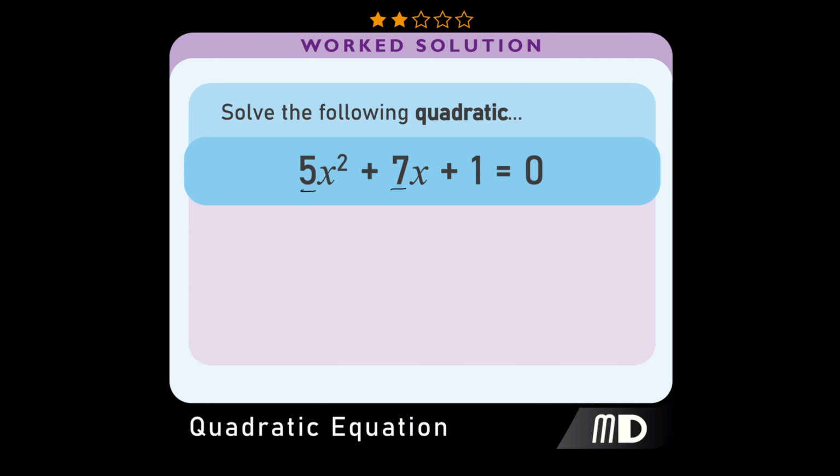First, we need to find the values of a, b and c. To do that, we start by writing the equation we've been given. 5x squared plus 7x plus 1 equal to 0.